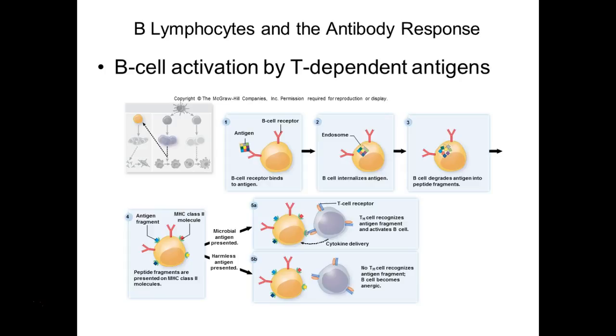Because helper CD4 T cells interact with MHC class 2. So, 2, 4, 6, 8, you get it? These are the stories we tell ourselves so we can remember these numbers and their associations. So that's what's worked for me. Maybe it will help you, right?